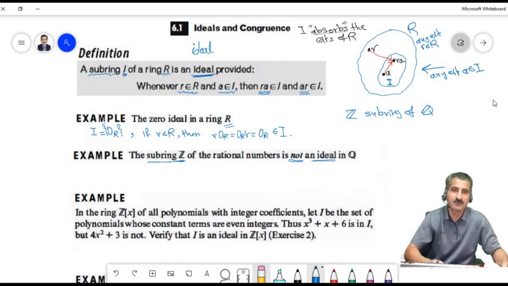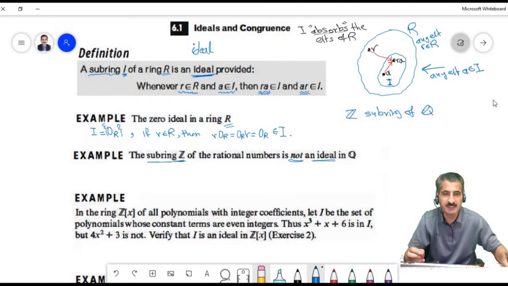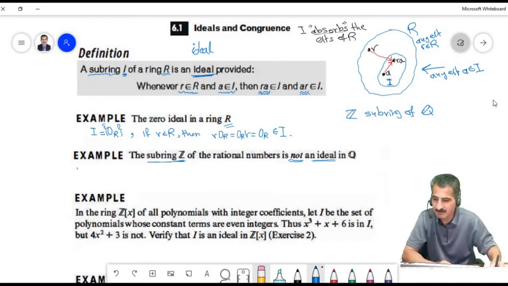Simply look for an element in the ring, which is Q here, and some element in the subring, which is Z, multiply them, and the result will not be in the subring. For example, if we choose r to be 1/2, this belongs to the ring, which is Q here, and choose any element in Z, I will choose 3, which belongs to Z.